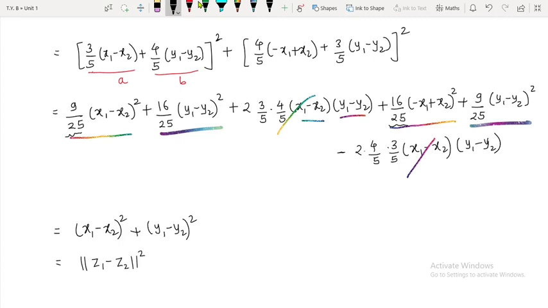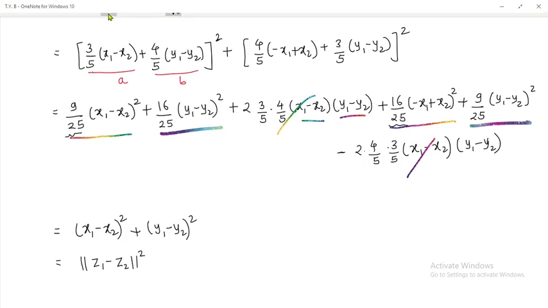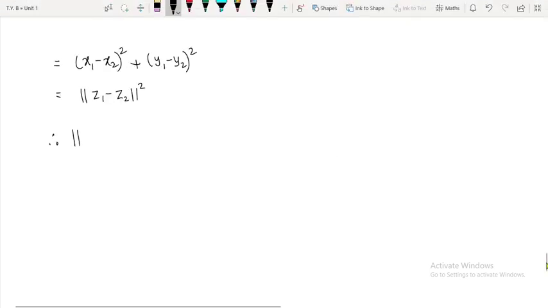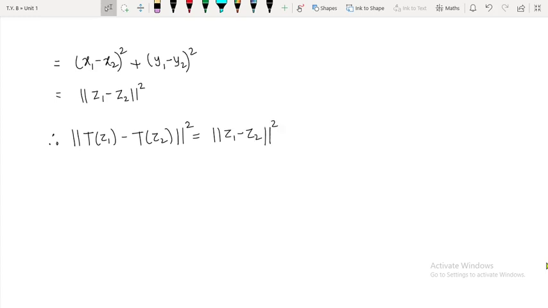Okay, and therefore what we have proved is norm of T of z1 minus T of z2 whole square is equal to norm of z1 minus z2 whole square for all z1, z2 belonging to R2.